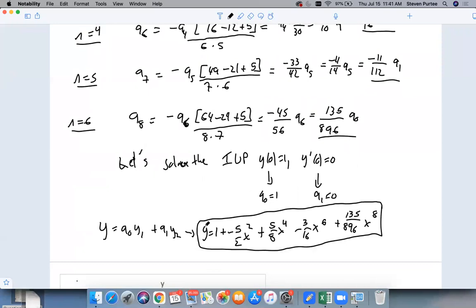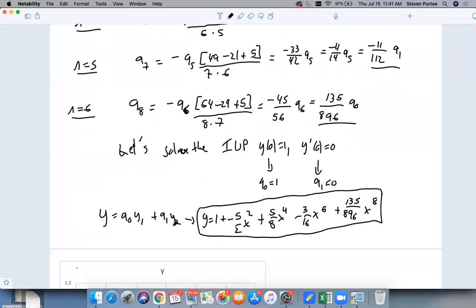I'm only going to have the A0 terms. So I didn't bother writing it out as two separate pieces since everybody that had an A1 disappears. A1 was 0. So here is my solution up to x to the 8th.